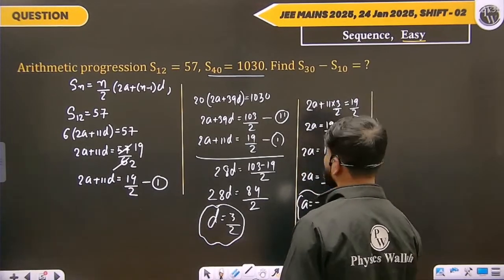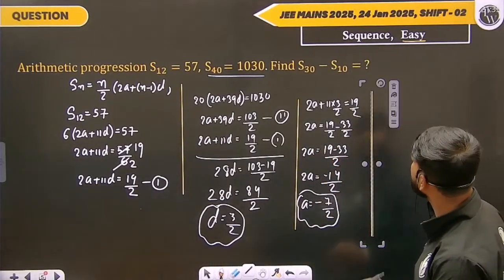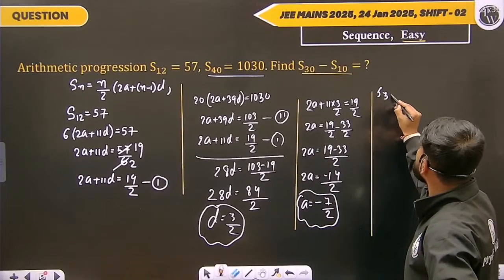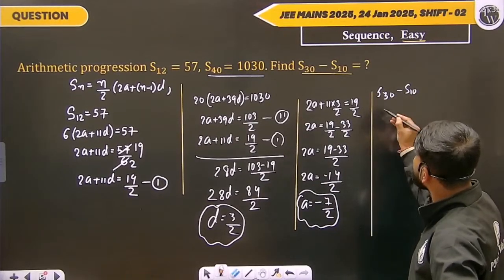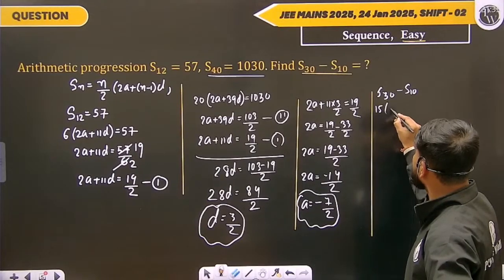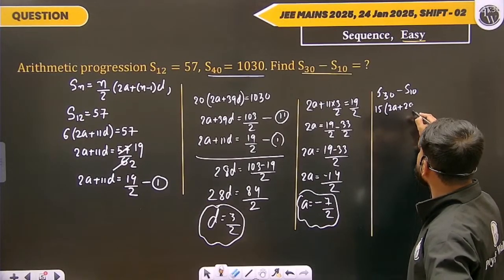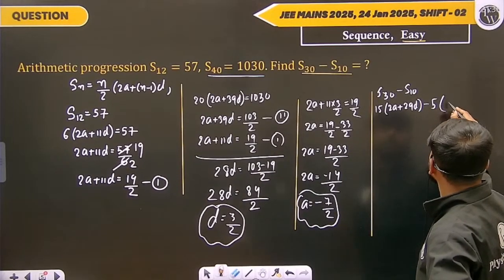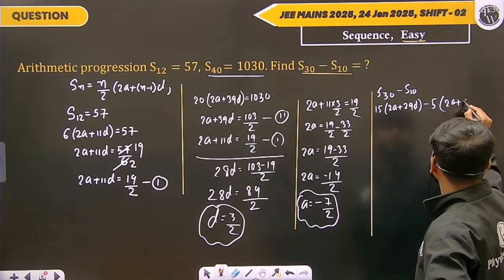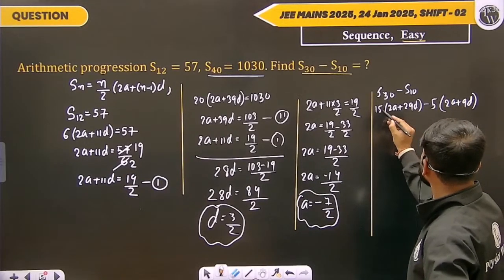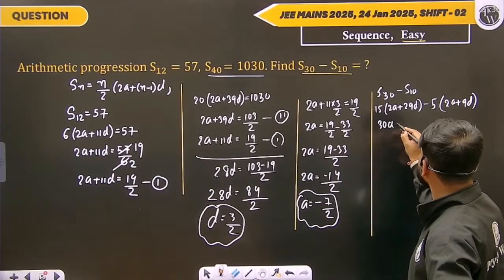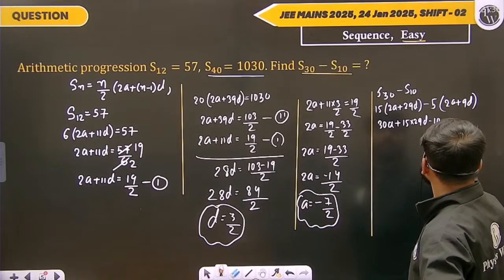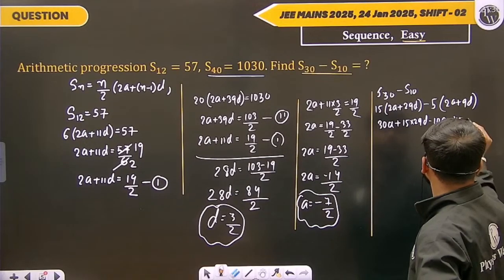Now just put the value of a and d in this expression. So S30 minus S10. What is S30? It is 15 times (2a plus 29d). And what is S10? It is 5 times (2a plus 9d). Now let us calculate. It is 30a plus 15 into 29d minus 10a minus 45d.